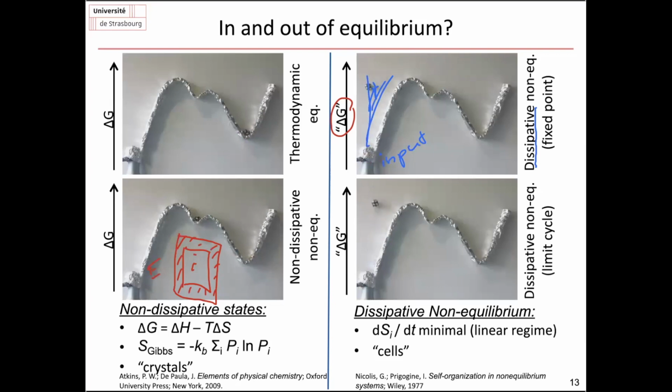So we have found now an emergent property, which is time oscillation of this ping pong ball because we're driving the system with an energy input. So this is a dissipative non-equilibrium state, non-equilibrium because it's not in the thermodynamic equilibrium, and dissipative because we have an input of energy which is causing the system to become self-organized in time.